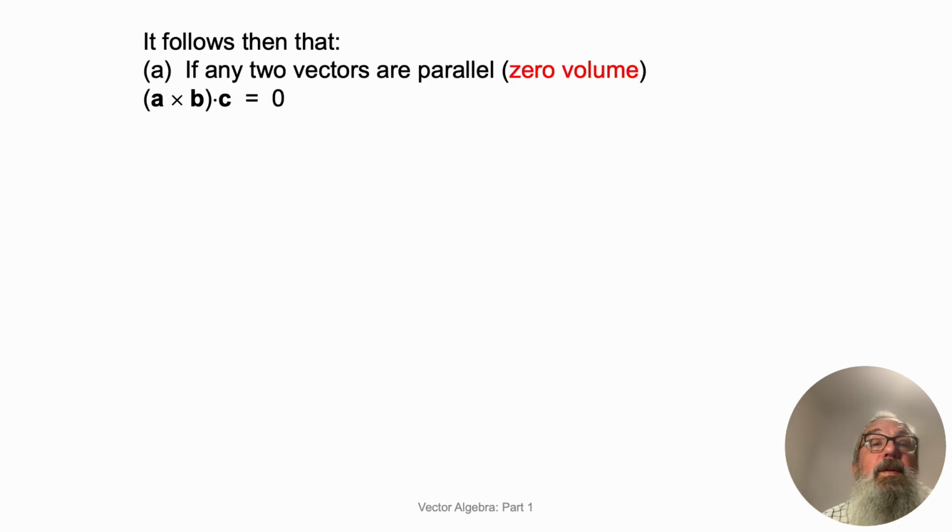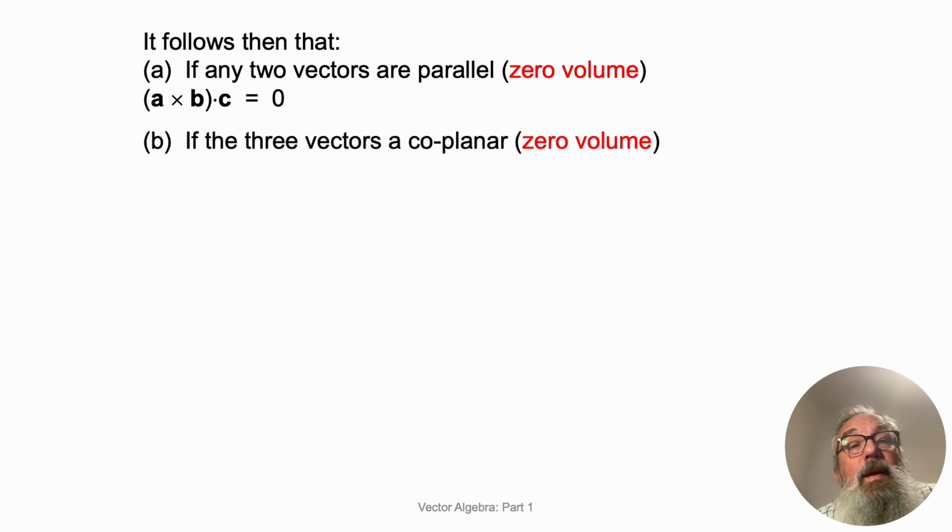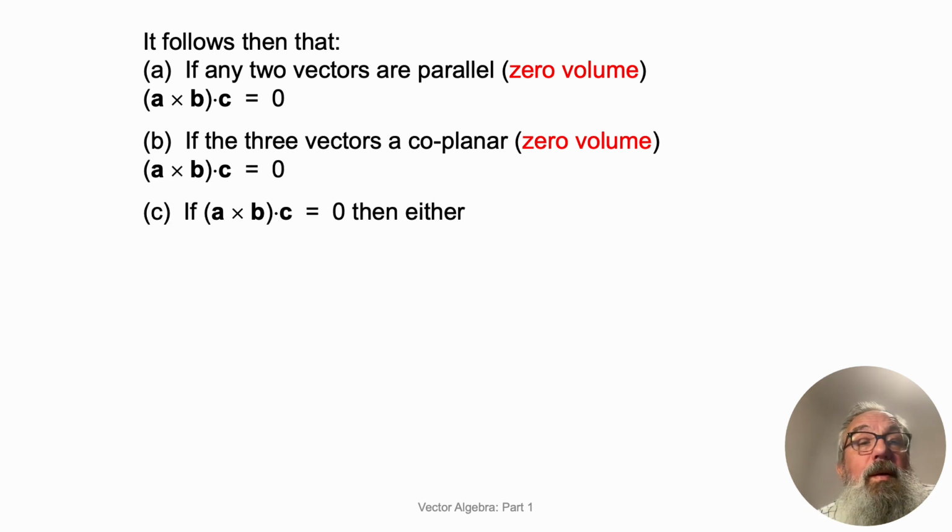So it follows that if two vectors are parallel, you get a zero volume, because A cross B dot C is 0. If the three vectors are coplanar, we get 0. If A cross B dot C is 0, then either A equals 0, B equals 0, or C equals 0.